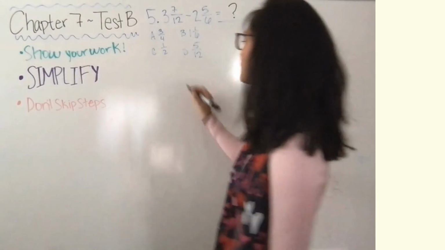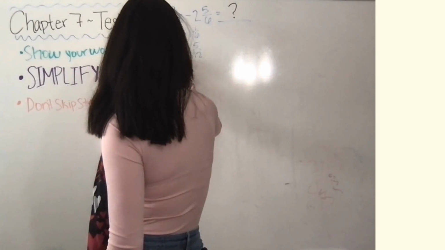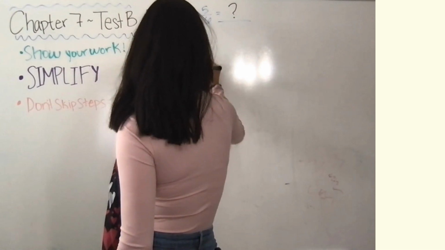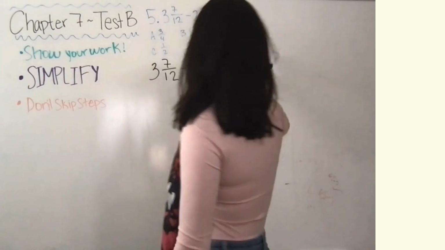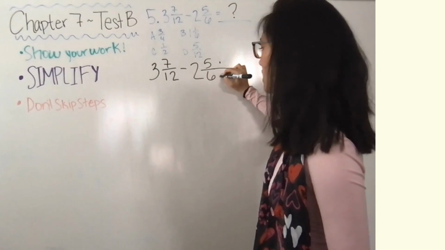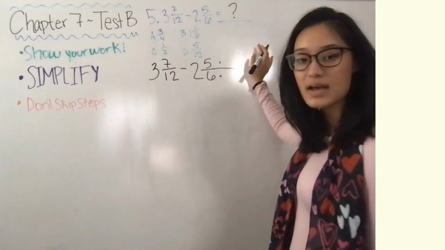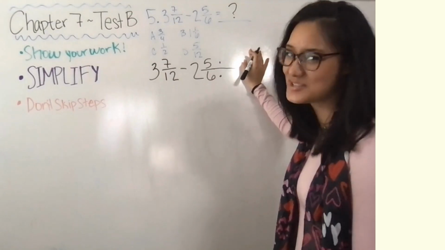Yes, it can. So you know that your new problem is 3 and 7/12 minus 2 and 5/6. But you have to multiply them out to get the common denominator. Now, how many times does 6 go into 12? 2 times. I just told you.